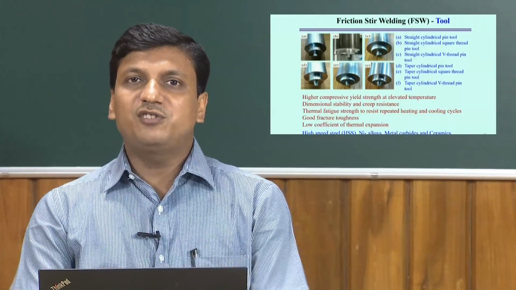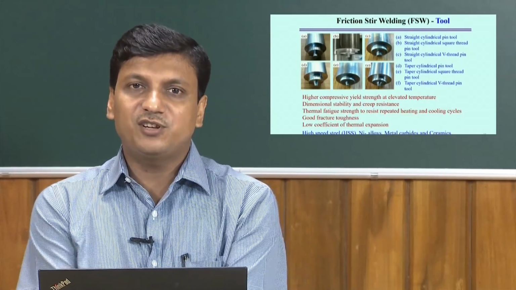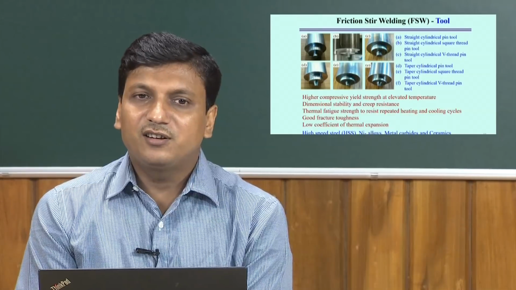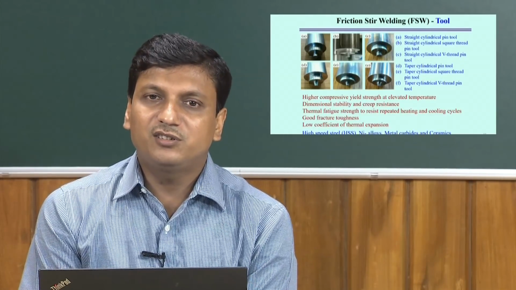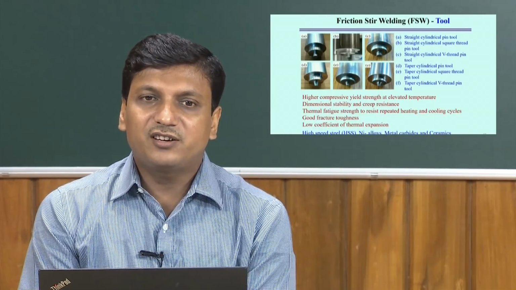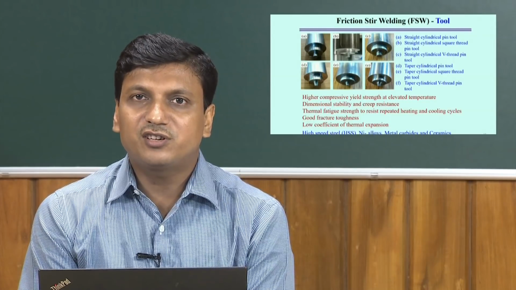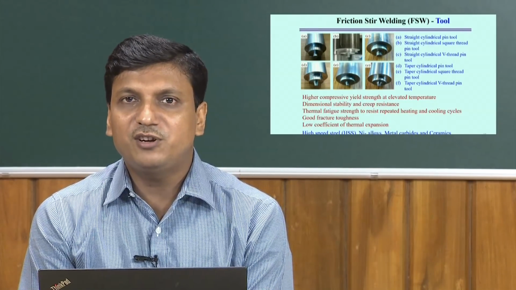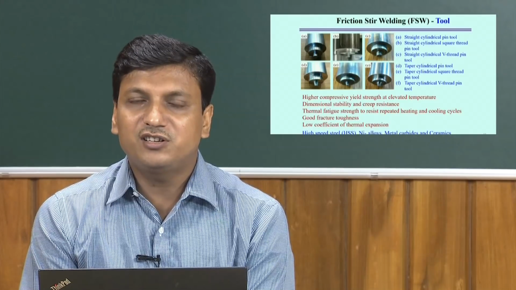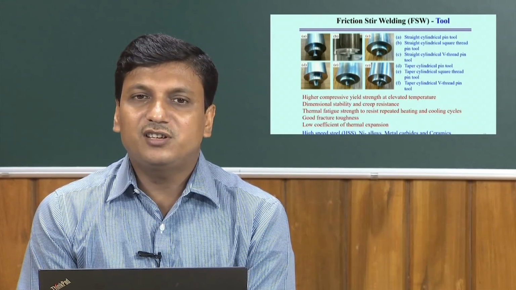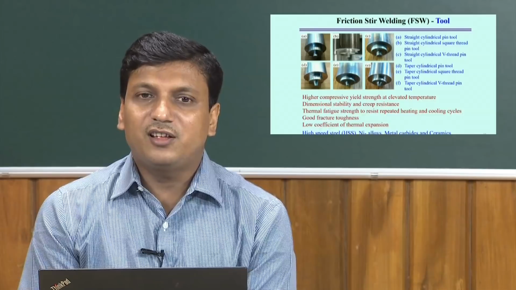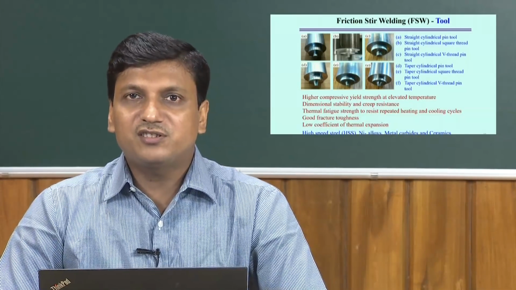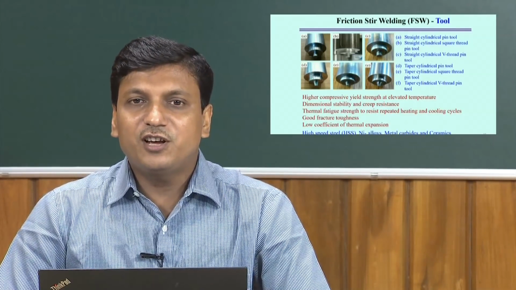So, the compressive yield stress should be very high even at very high temperature. That is one desirable property of the tool material. Next are dimensional stability and creep resistance. Dimensional stability means that even at very high temperature it can retain its hardness, and at the same time the creep resistance should be very high.